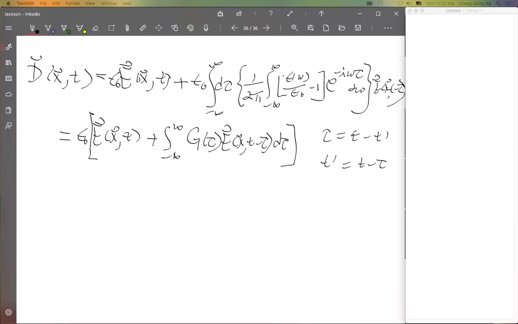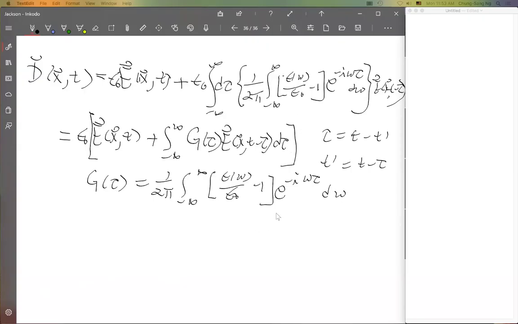Okay, so this is defined as g. g as a function of tau is 1/2 pi times the integral of epsilon of omega over epsilon 0 minus 1, times e to the minus i omega tau, d omega. This looks like a Fourier transform, right?